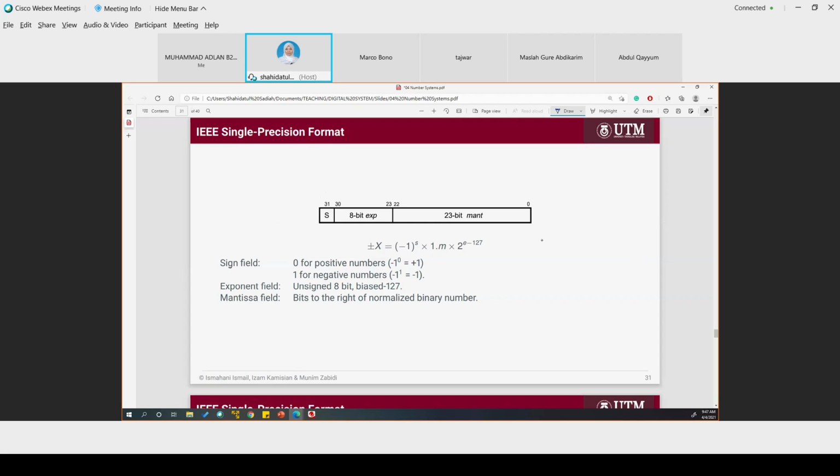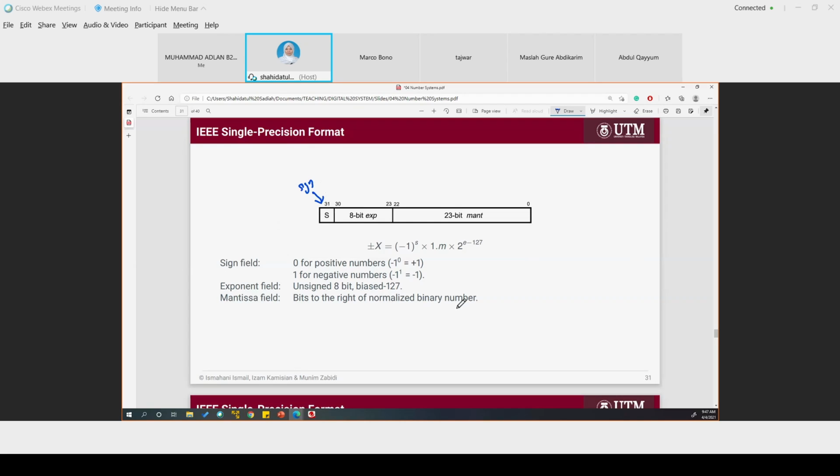In the 32 bits, the leftmost bit is of course reserved for the sign. It could be 0, it could be 1. And then we have the exponent, which is biased by 127. So the original exponent value must be added to 127. And then the rest is the mantissa field, or the significand, the normalized binary number.